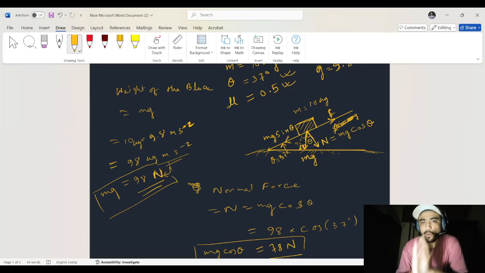The frictional force is less than the opposite force, that is the force acting in the opposite direction, mg sin theta. This is quite obvious.